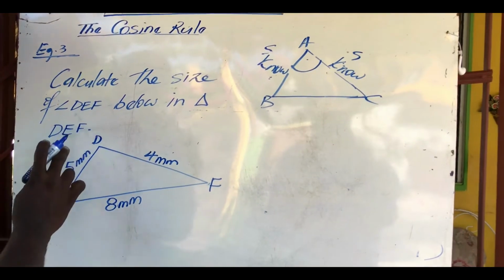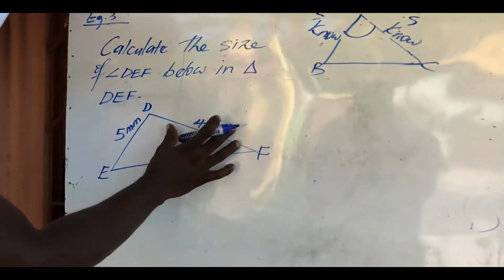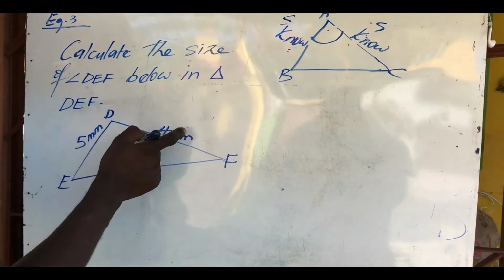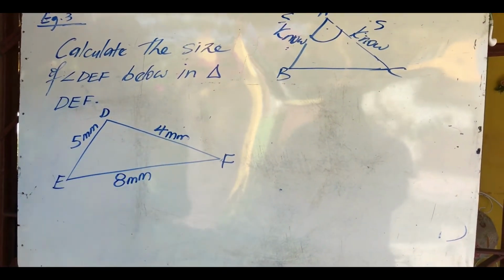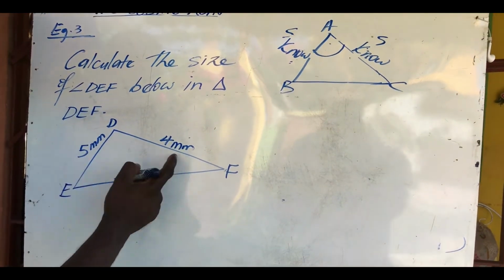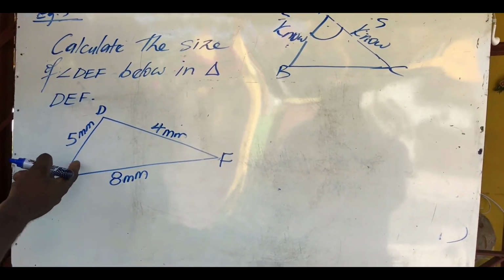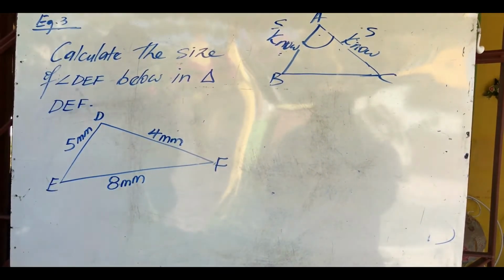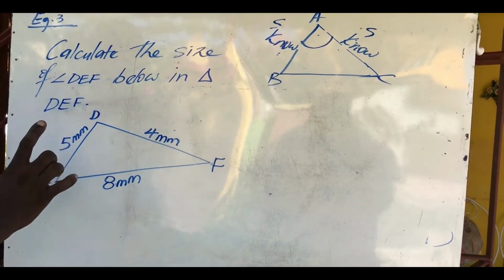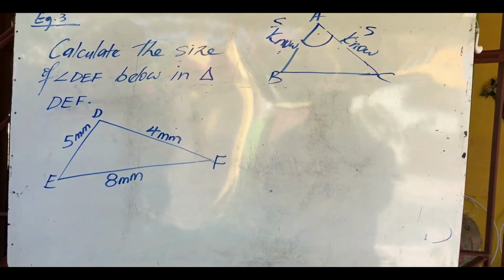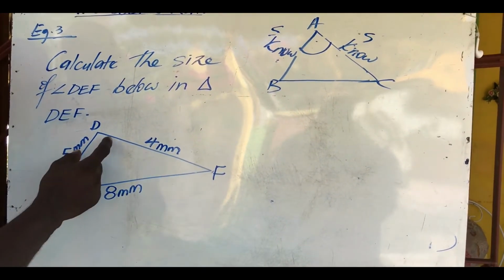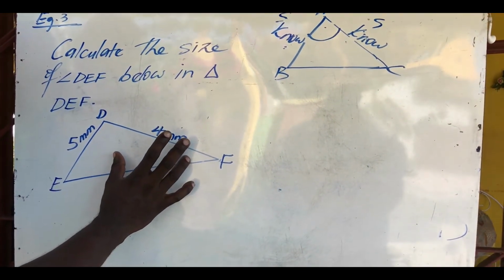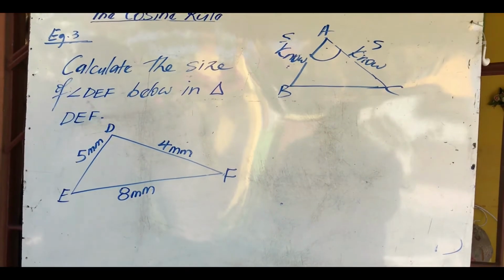Now, in this case, we have three sides. Once you have three sides, we can also use the cosine rule to find any angle in the triangle. Now, there are 6 elements of a triangle: 3 sides and 3 angles. So if we want to find one of the angles, we already know 3 elements, so we need to find a 4th element right here.